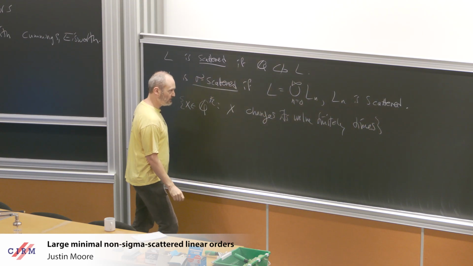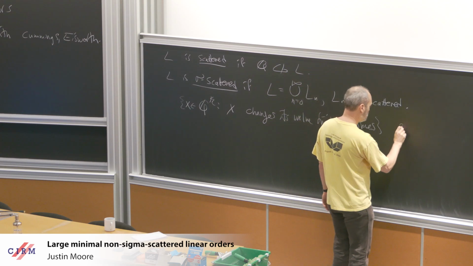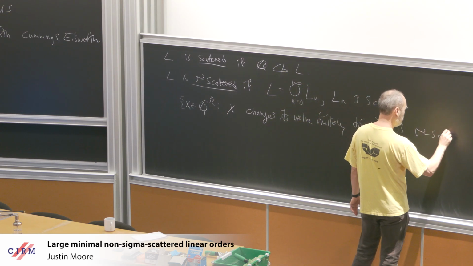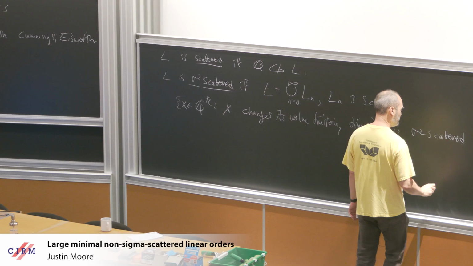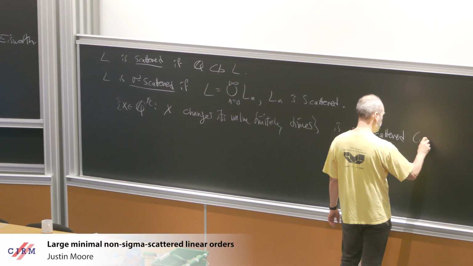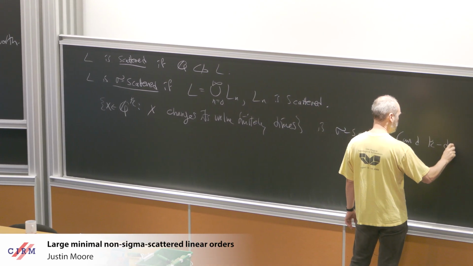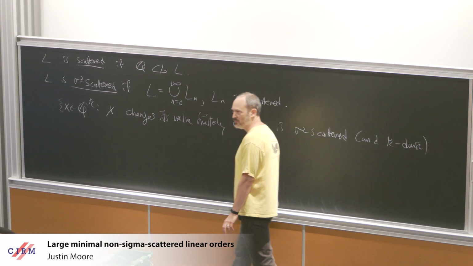And this is sigma scattered, and in fact, somewhat counterintuitively, kappa dense, right?